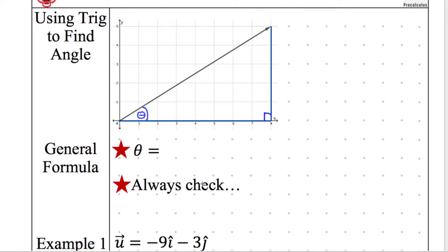So one of those 3 things, sine, cosine, or tangent, is going to help us find this angle. Do you kind of agree with me that sometimes it's a little bit hard to find the magnitude of a vector? Sometimes it's like square root of 39 or something like that. Sometimes it's hard, right? So let's not use the hypotenuse. That's hard.